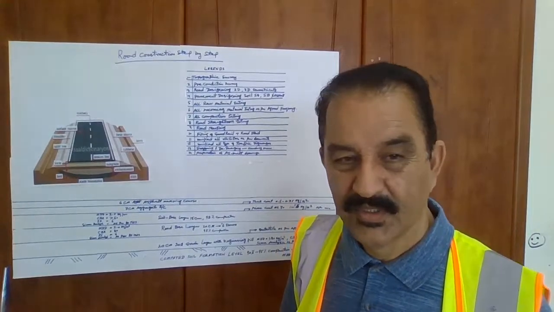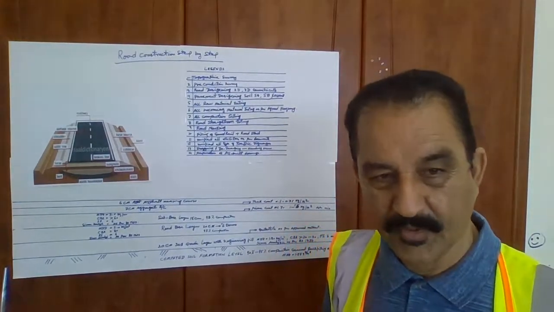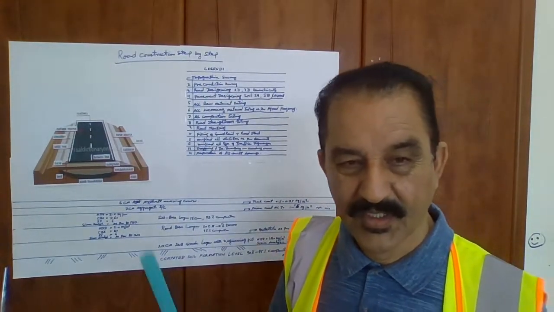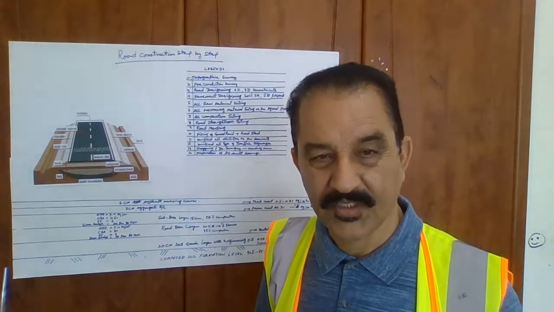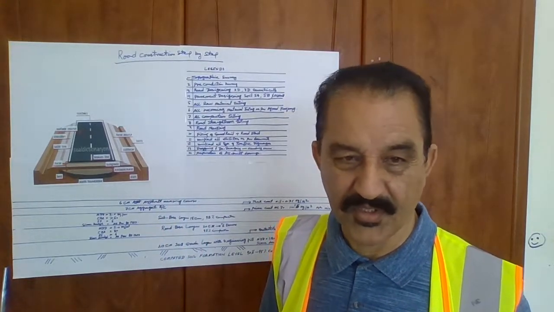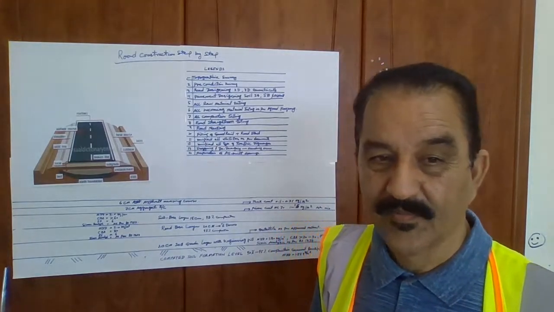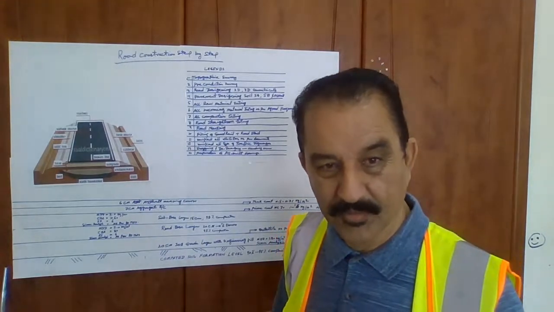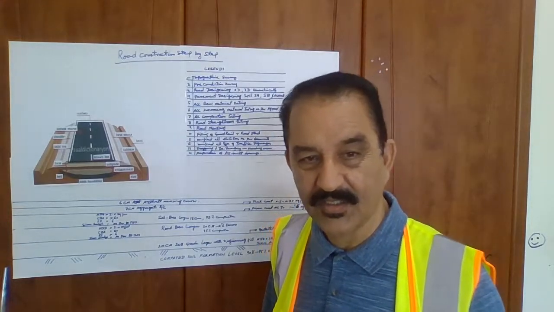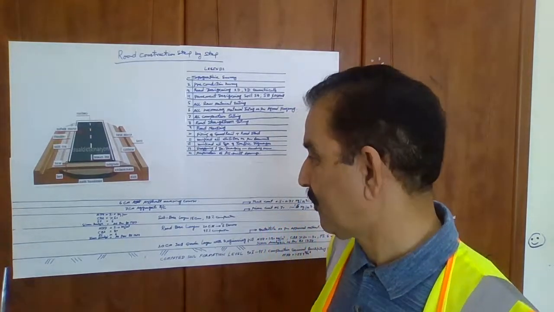So how the test is taken, maybe we already discussed in the previous sessions, for the asphalt, sessions number 30 to 40. This all belongs to asphalt. So there the prime coat spray procedure and the testing are already discussed.